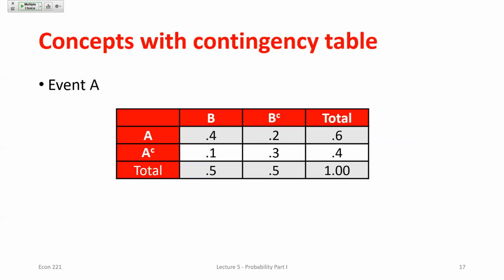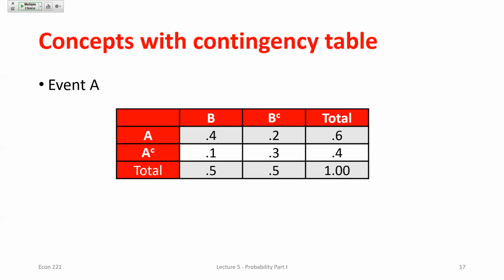The top 4 left cells all represent intersections of whatever the row and column headings are. So this 0.4 represents the probability of A and B. The probability I see an outcome that's in event A and B is 0.4.